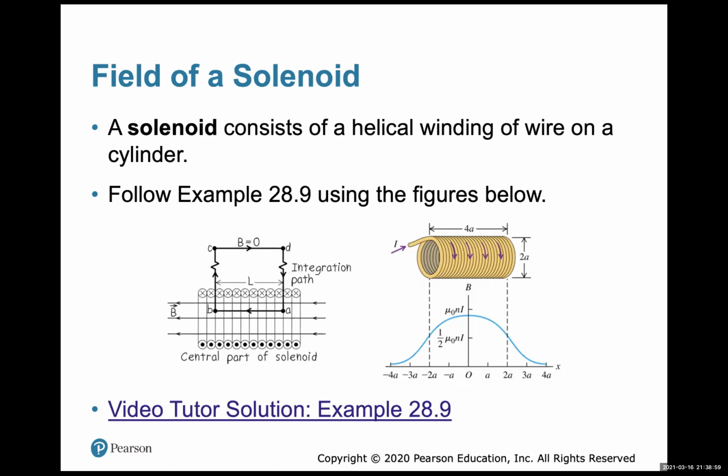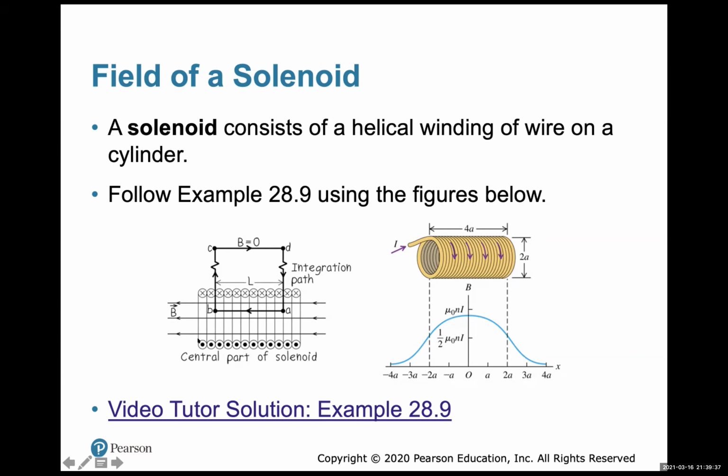each loop contributes field perpendicular to the plane of the loop. Each leg of the Amperian path is perpendicular to the magnetic field produced by all of those loops.